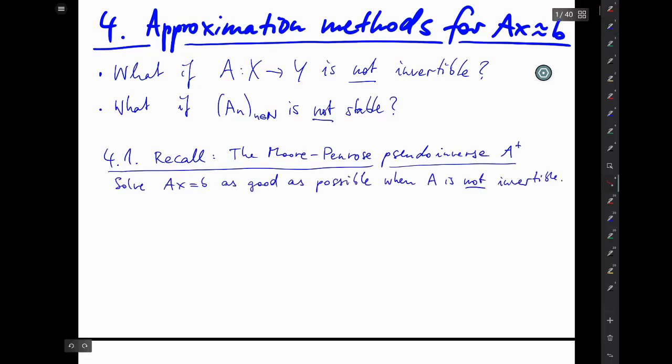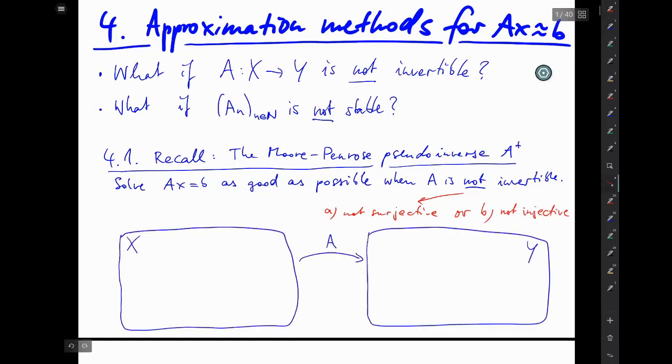And of course there could be two reasons for non-invertibility. It could be the case that A is not surjective, or not injective, or both, of course. And now let's draw our favorite diagram and recall quickly how we deal with both kinds of failure here.